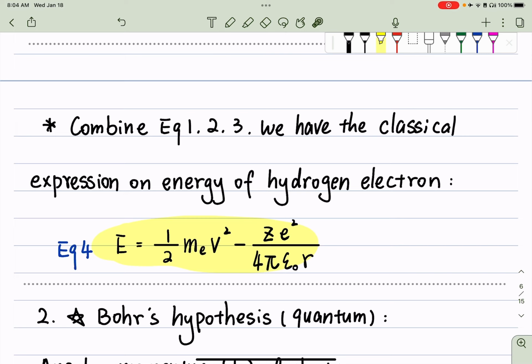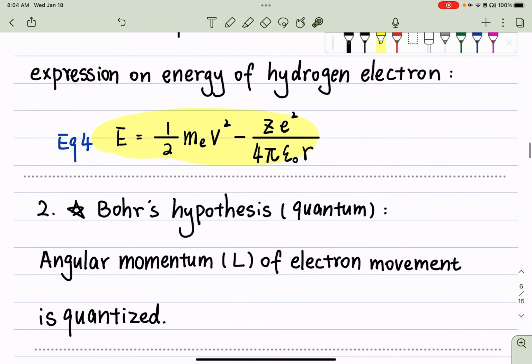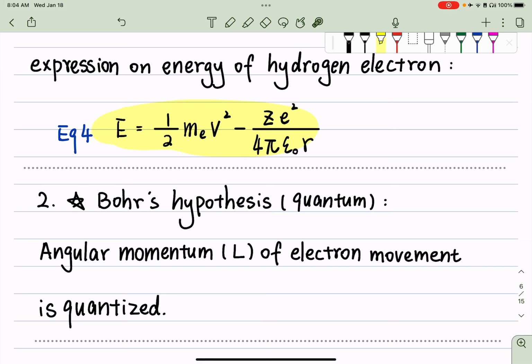But we still don't know anything about velocity, and we don't know much about the atomic radii. What else can we do? So here we want to introduce Bohr's hypothesis, the quantum part. Bohr's hypothesis states that the angular momentum, abbreviated as big L, of electron movement is quantized in the atom.